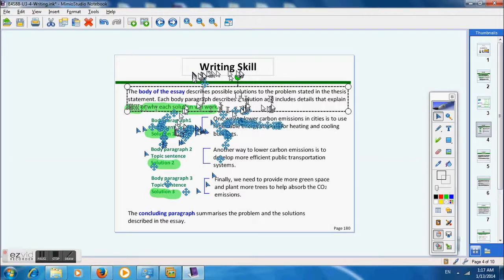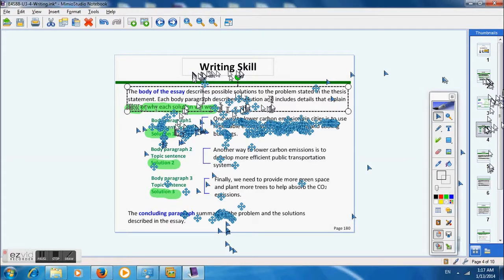Okay, so for body paragraph 1, one way to lower carbon emissions in cities is to use renewable energy sources for heating and cooling buildings. So remember, the problem here is the carbon emissions. So the first solution is to lower it by using renewable energy sources for heating and cooling.